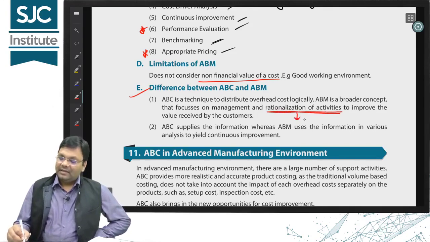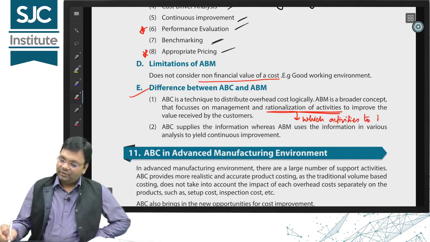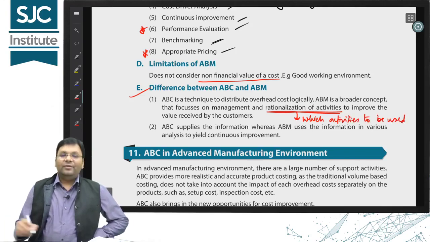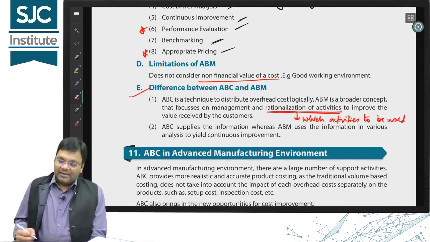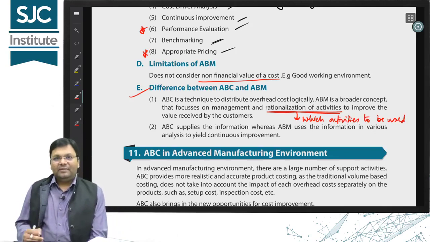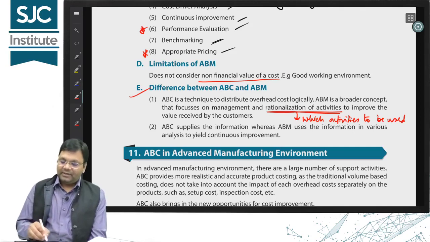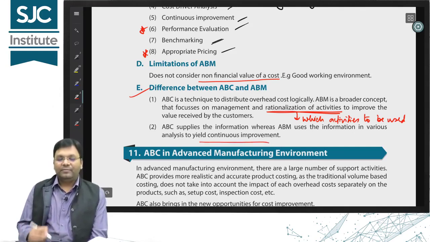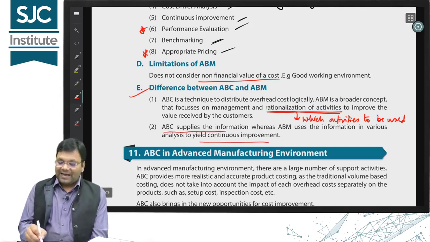Rationalization means deciding which activities to have, which activities should not be used, and which activities to use to improve the value received by customers. ABC supplies the information, whereas ABM uses the information in various analyses to yield continuous improvement. So ABC is the supplier of information, ABM is the user of information.